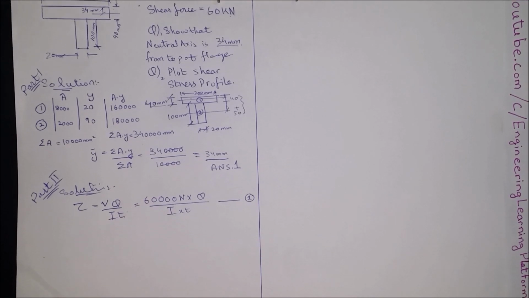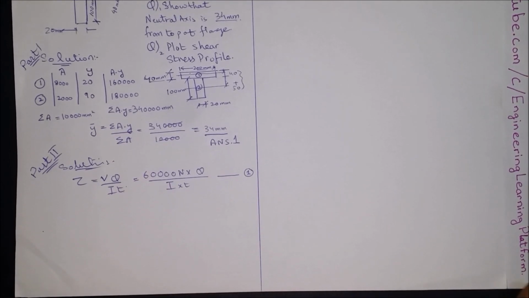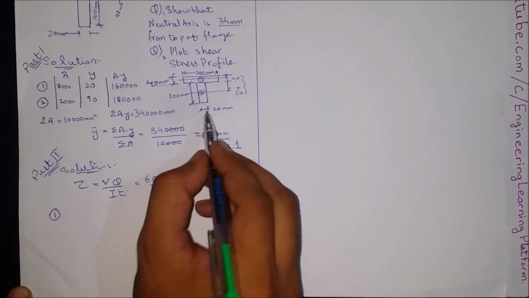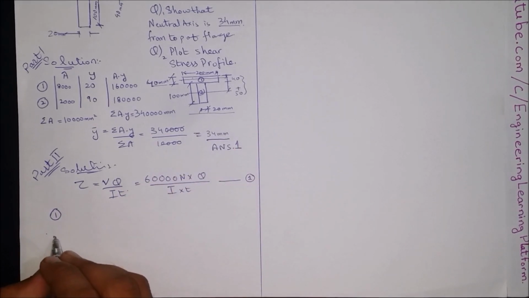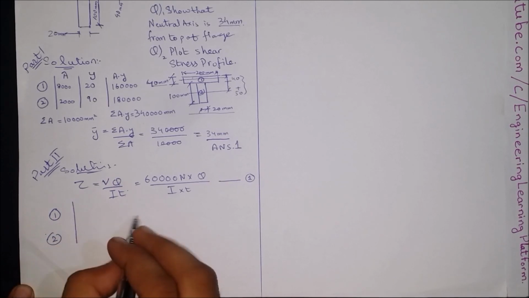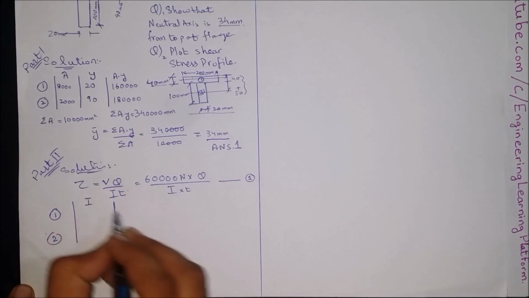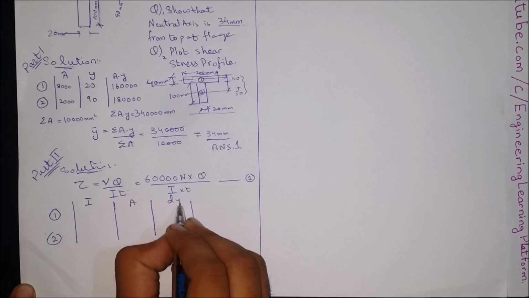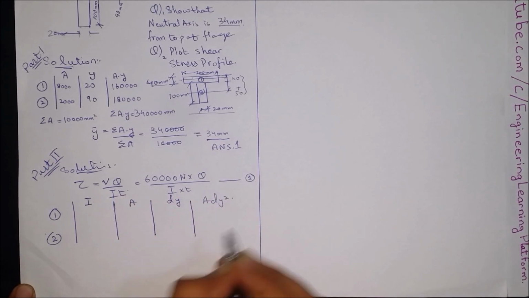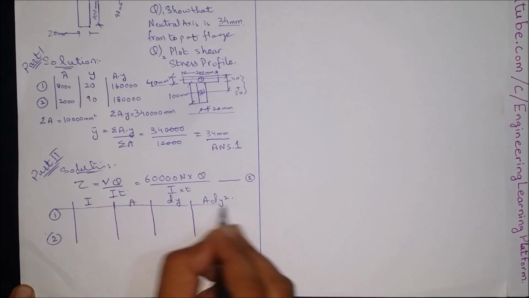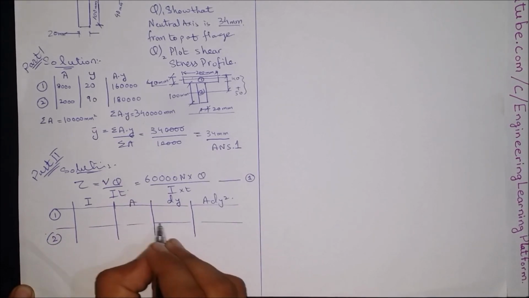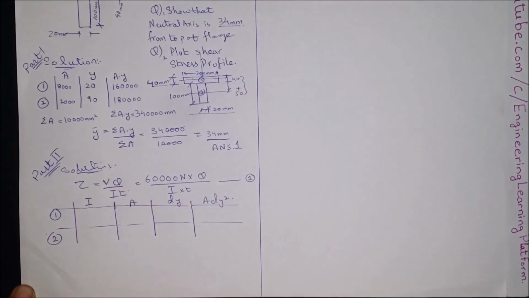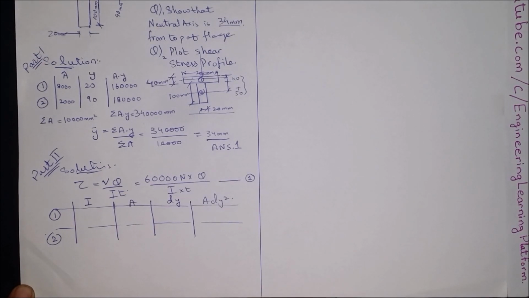The next part, we have to find out the moment of inertia. Considering the same figure for calculation of moment of inertia, using the parallel axis theorem as discussed in previous examples, the moment of inertia of shape number 1, since the load is applied in this direction, we use base as the perpendicular dimension.